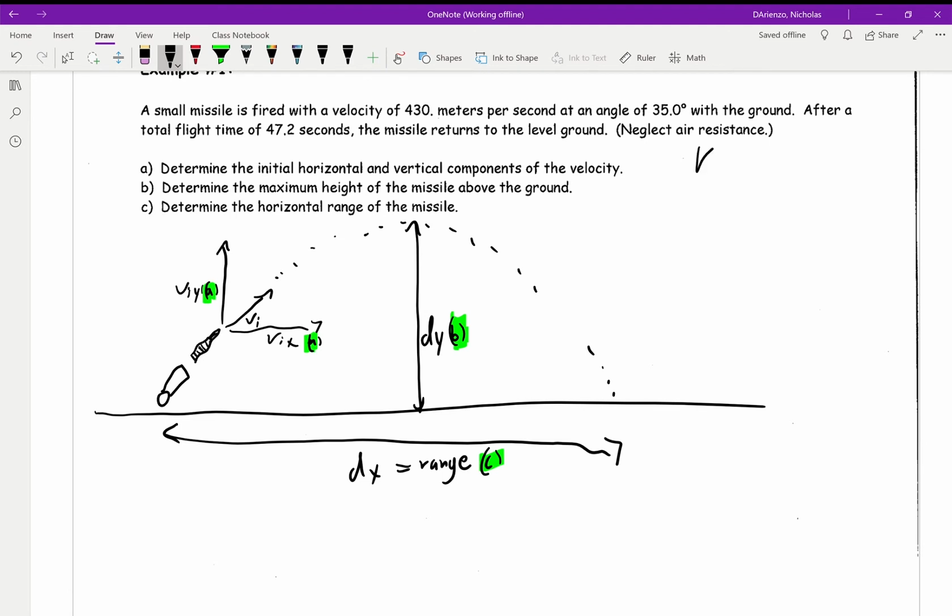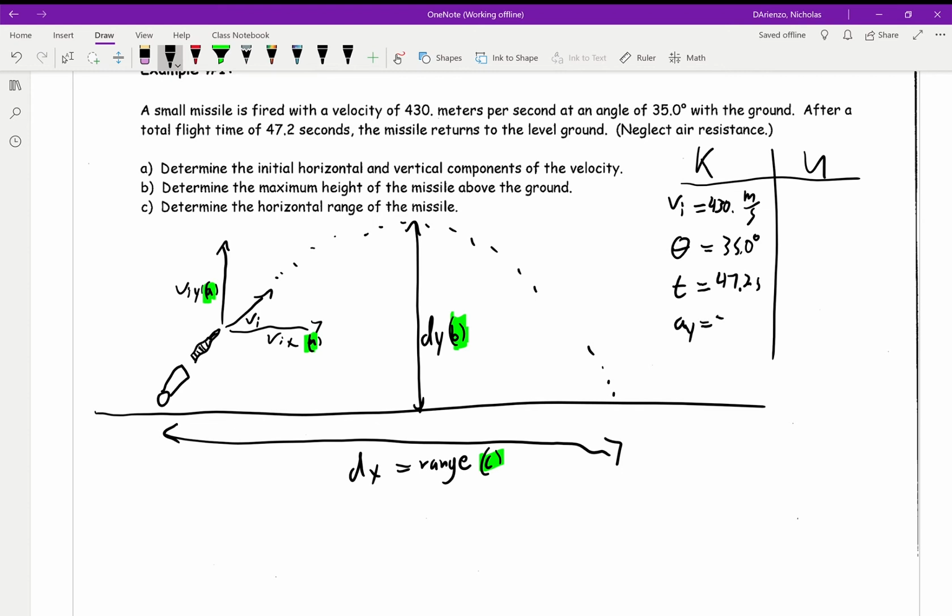Now I'm going to do a little known and unknown chart. Now looking at this, we know that initial velocity is equal to 430 meters per second. The angle that the missile is being fired is 35 degrees with respect to the ground. The time that the missile's in the air is 47.2 seconds. We know that the acceleration in the y is going to be minus 9.81 meters per second squared.